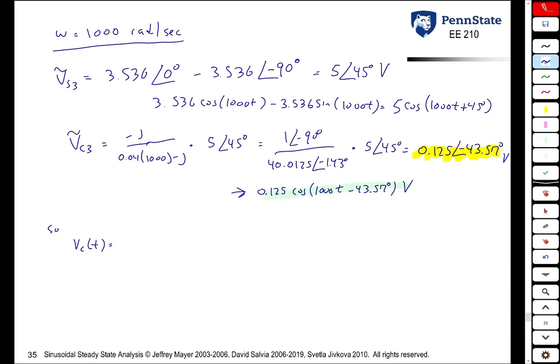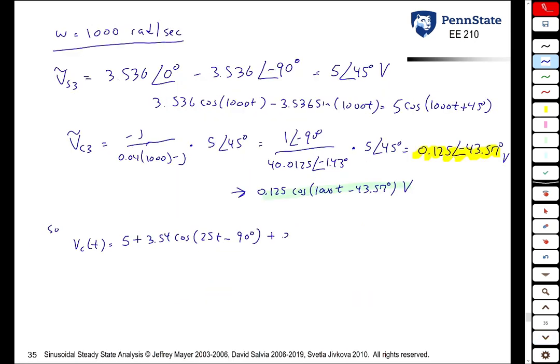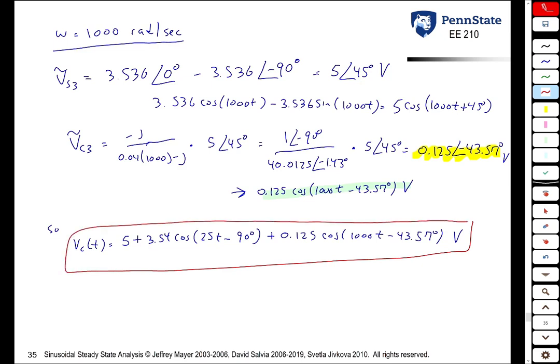So Vc of t, when you put it all together, is going to be 5 plus 3.54 cosine 25t minus 90 degrees. That was the term down there. Plus 0.125 cosine of 1000t minus 43.57 degrees volts. And this is our final answer.